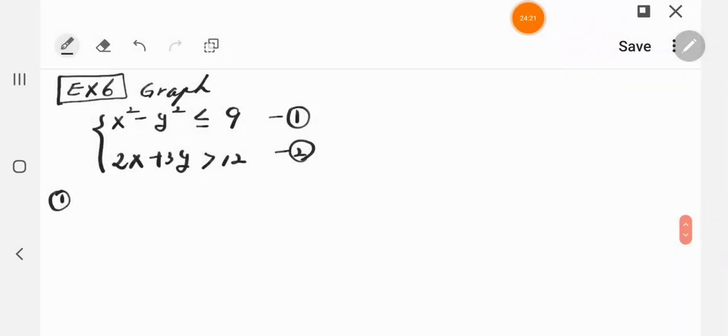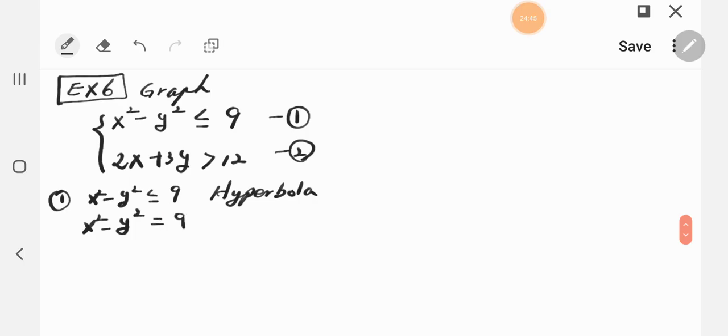Okay, example number 6. Graph the system of inequalities. The first inequality is a hyperbola: x squared minus y squared is less than or equal to 9. Let's make an equation and divide each side by 9.